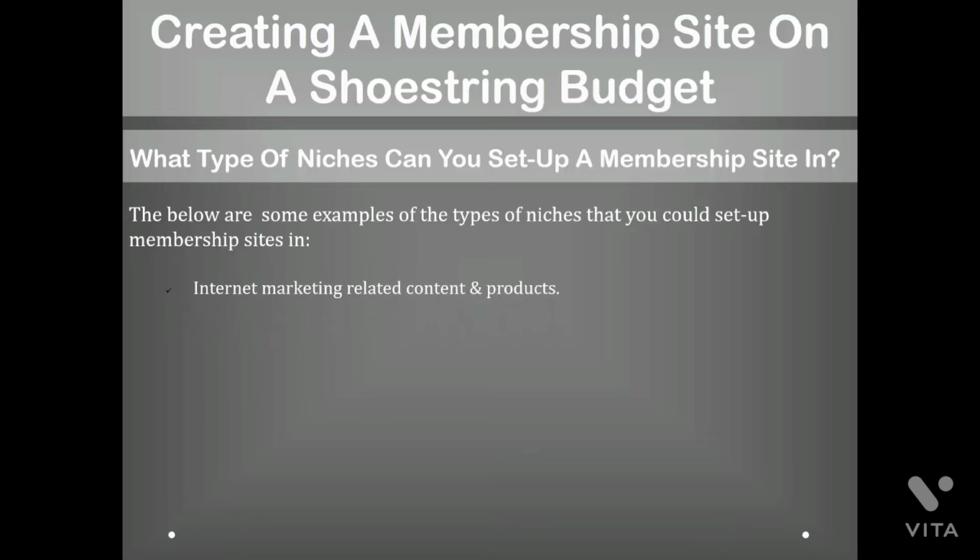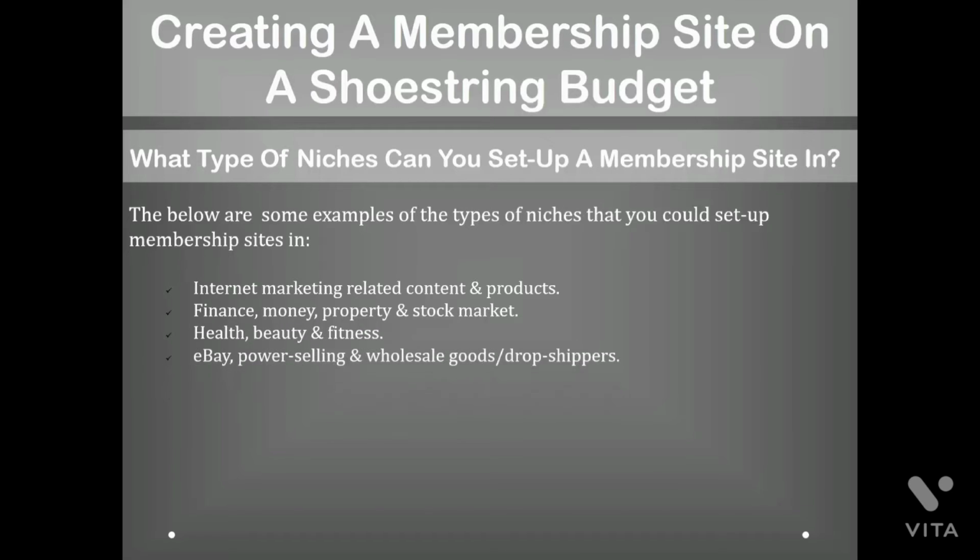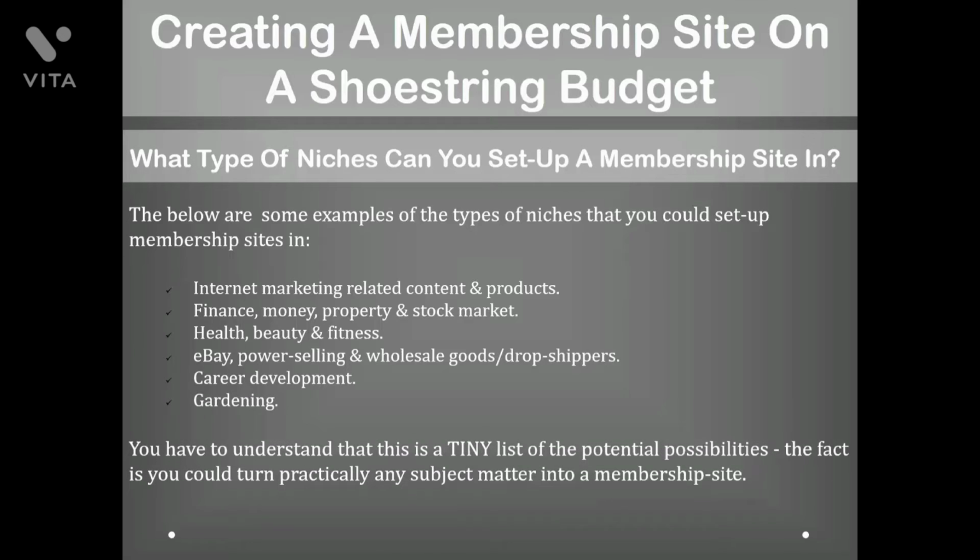Internet marketing related content and products, finance, money, property, and stock market, health, beauty, and fitness, eBay, power selling, and wholesale goods / drop shippers, career development, gardening. You have to understand that this is a tiny list of the potential possibilities. The fact is, you could turn practically any subject matter into a membership site.